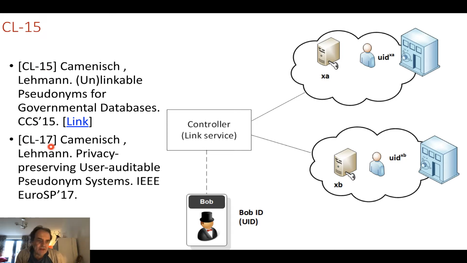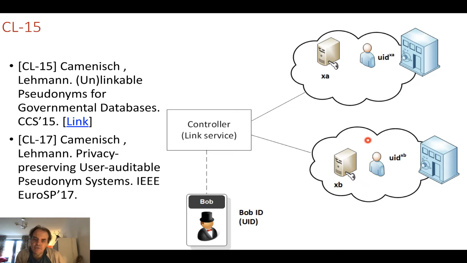The team also developed CL17 to make sure that it was possible to audit the accesses done within the linking process. But basically what should happen is that Bob has his own ID, and then System A knows Bob as a certain pseudo identifier, and System B knows Bob again with another pseudo ID.